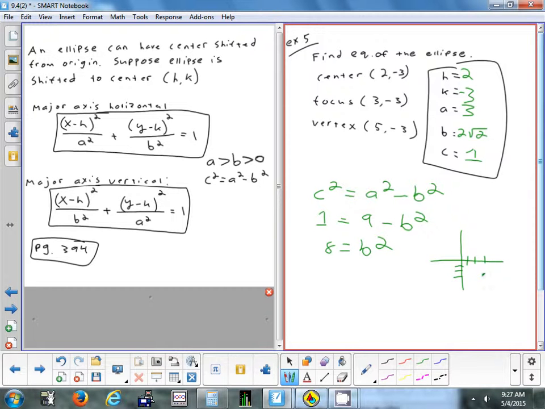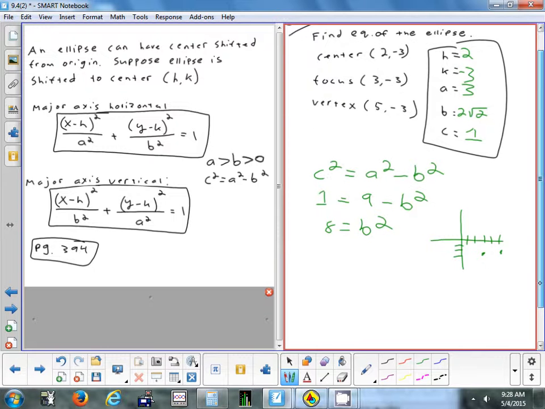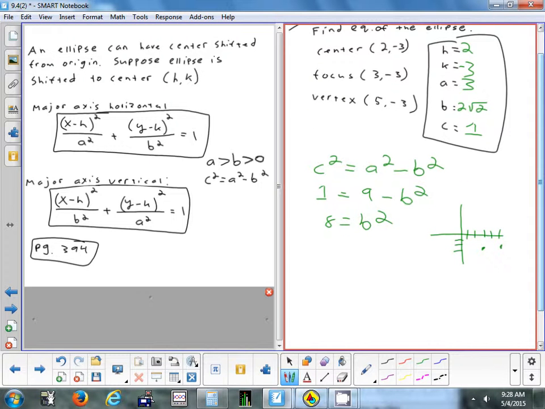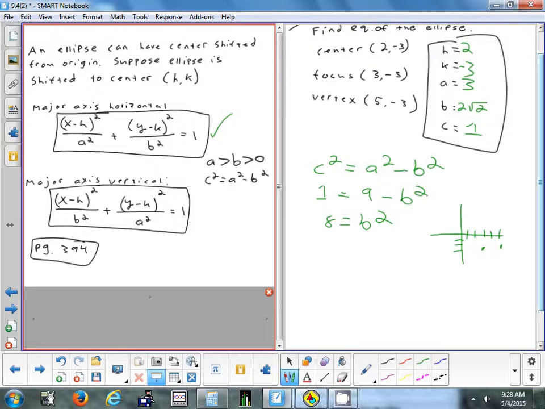The vertex is right 5, down 3. Everything's lining up horizontal. So my major axis is going to be horizontal, so put the bigger number under x. Okay, so it's going to be this one.